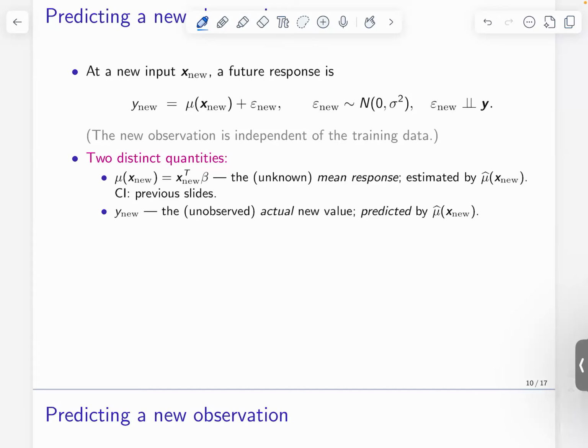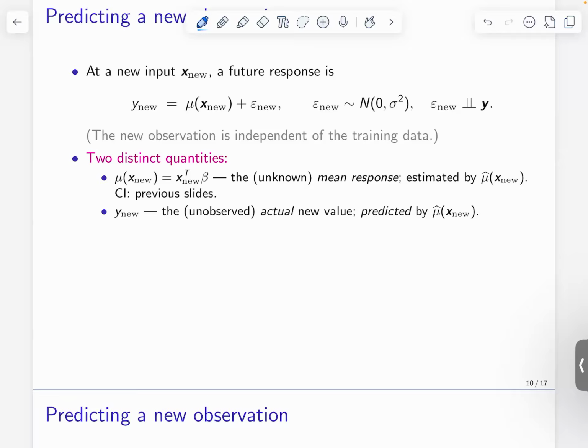The key is, if I want to predict y nu and give a point estimate, mu hat of x nu is still the best point prediction, because the mean of epsilon nu is 0. But if I want to give a prediction interval, the variance would change. So these are two distinct ones. If I wanted to estimate just the mean response of the new patient, I could have just used mu hat x nu.